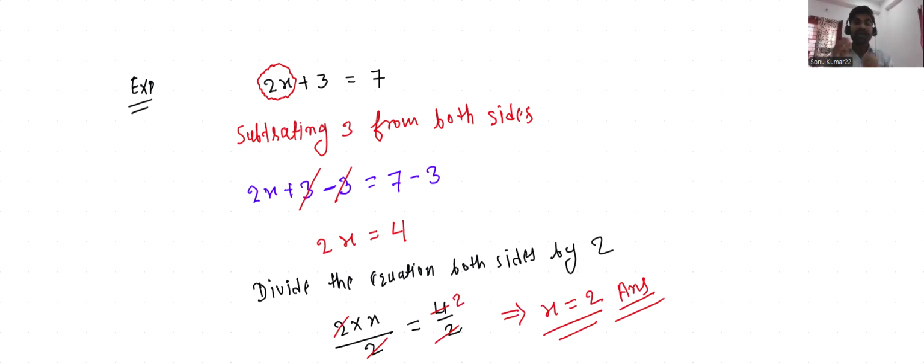Now, talking about the second method, method number 2, the transposition method. In this method we are transferring a term from the left side to the right side, or from the right side to the left side. I'm writing here method number 2, the transposition method.